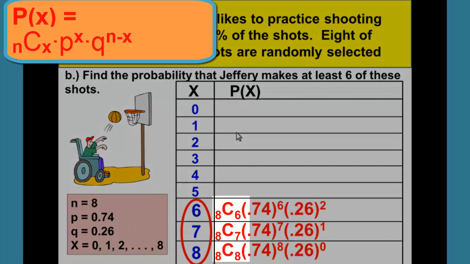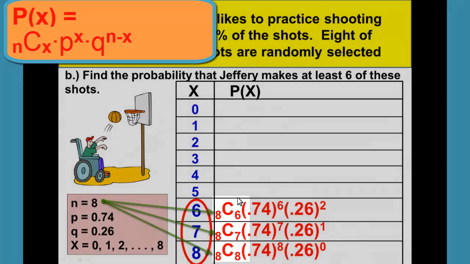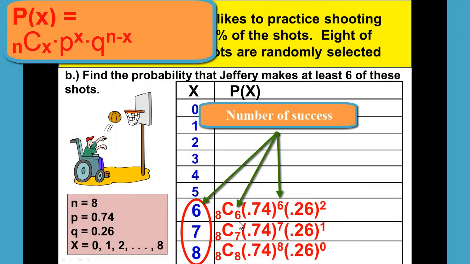Notice that the first part of each formula takes 8 combinations and then either 6, 7, or 8. The 6 matches the 6 here. When we're doing the formula for 6, we have 8 choose 6. The 6 comes from the number of successes we want.